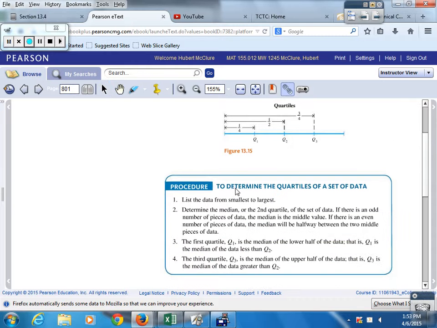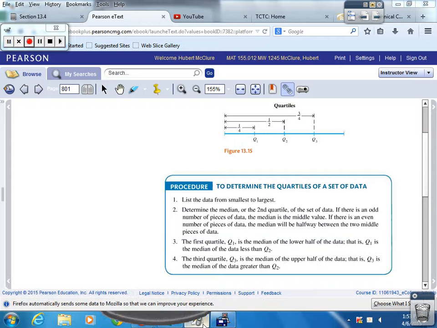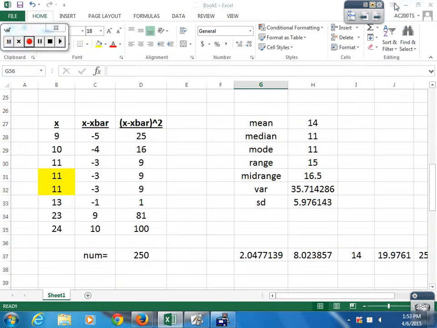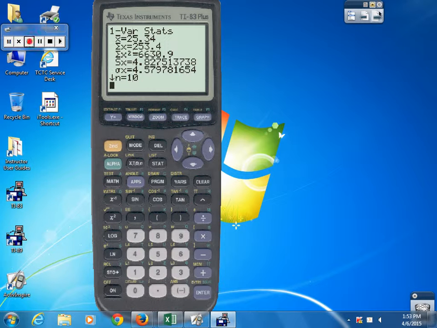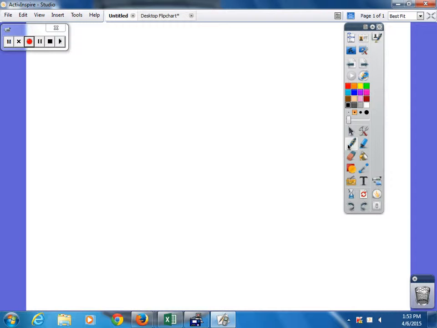Now, when you draw a normal distribution curve, we read from left to right.